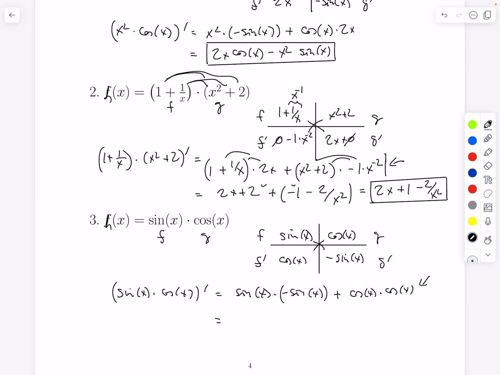This would be full points, yeah, but we can do better. So this is cosine squared. And as I said, the order doesn't matter because we have multiplication and addition, right? And then this is minus sine squared. Okay, and that would be then the answer.